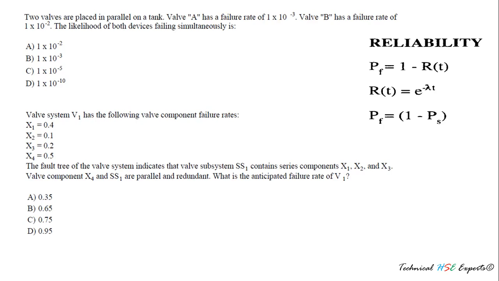After that, mention multiply. This is the condition. Series is for addition, parallel is for multiplication. So what we need to do here, we need to multiply the failure rates. So we will end up with option C.